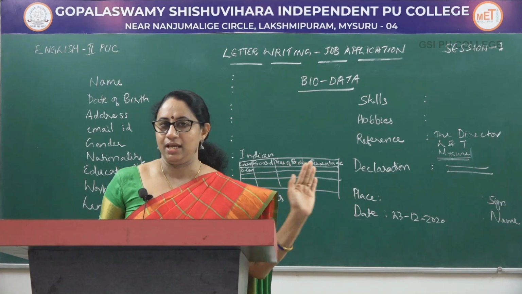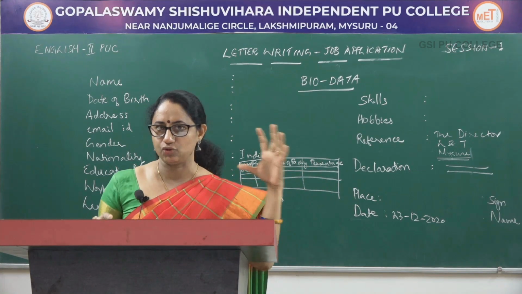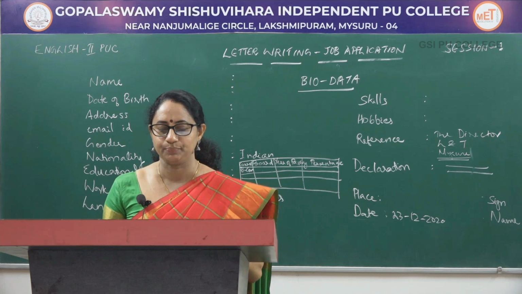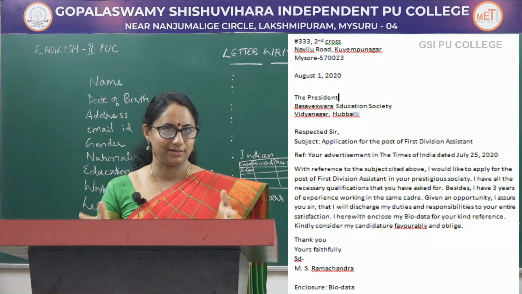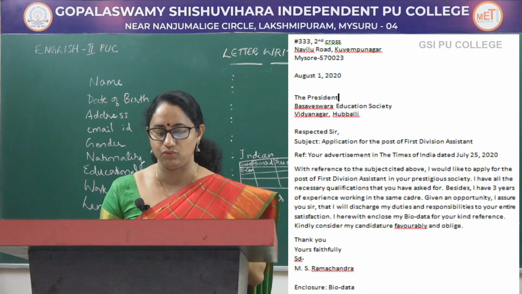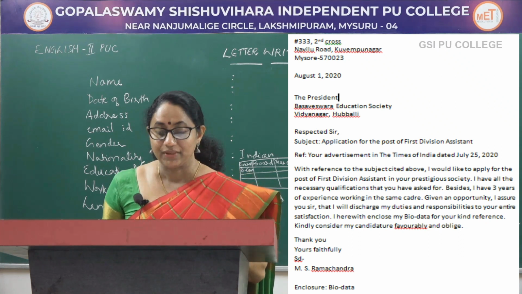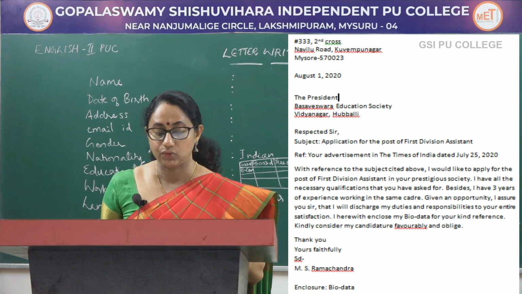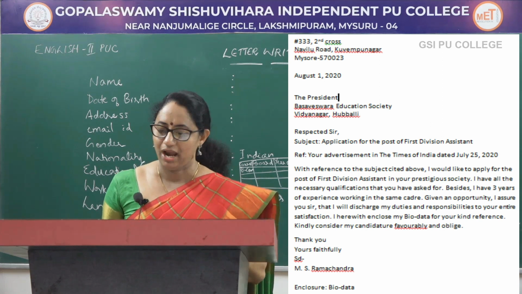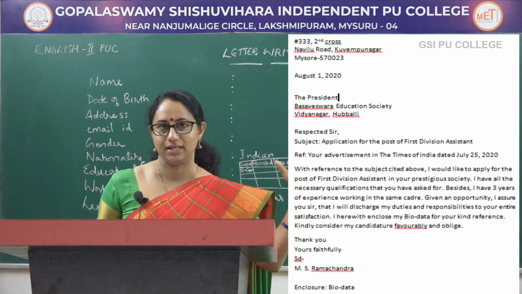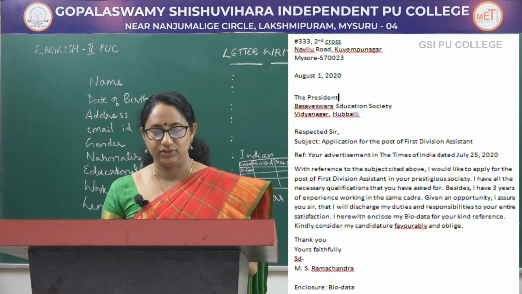So now let's see how it can be written. Just write the sender's address at first. Nothing is mentioned regarding XXX and YYY, so write the address. MS Ramchandra, number 333, second cross, Navilu Road, Kwempu Nagar, Mysuru 570023. This is the sender's address.